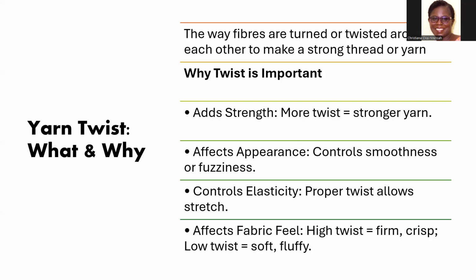Twist helps the yarn stay together, become stronger, and feel smooth or fluffy. Depending on how much twist is used, if you twist it high, it will give you high quality yarn. You twist it low, it will give you low quality yarn.